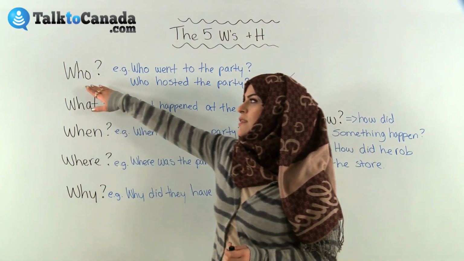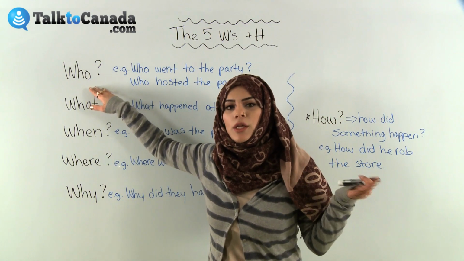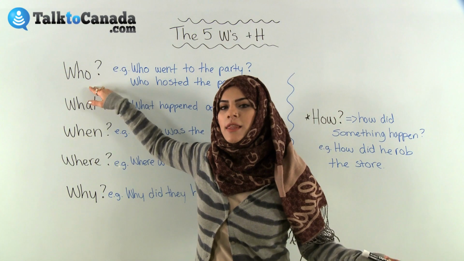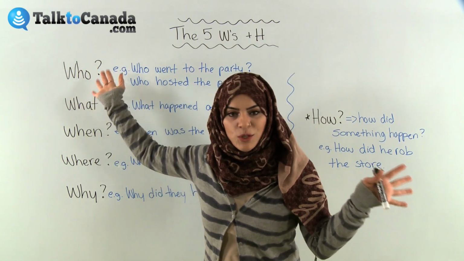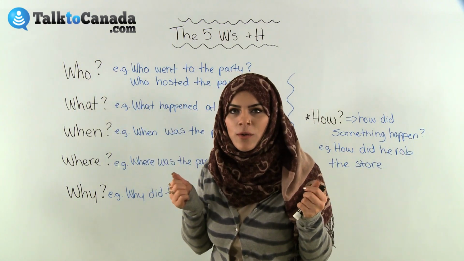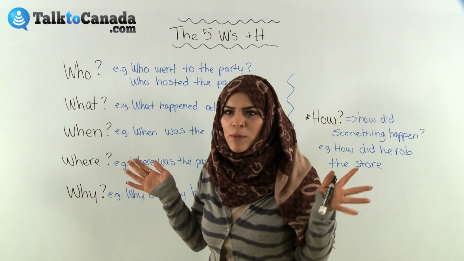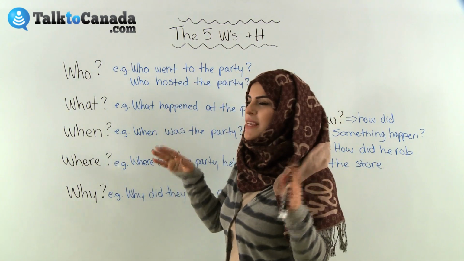So we have, first of all, who? Was it a person? Was it a company? Who was involved in this incident? So an example, if there was a huge party that your friend was telling you about, and I love parties. I always want to know everything about parties and what happened, what people were wearing, and too much. But anyhow, let's make it simple.